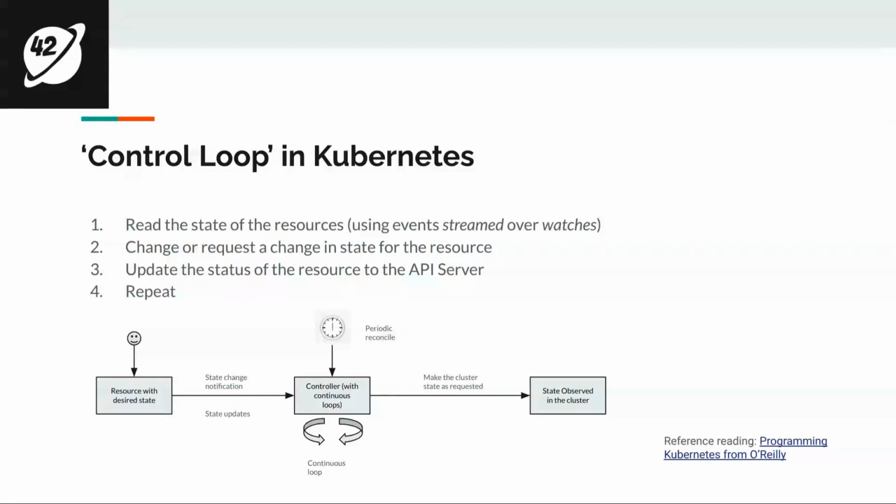what are also called controller objects, right? If you look at deployment, stateful set, job, cron jobs, all these are controller objects which offer you a higher level abstraction, so that you don't have to deal with the low level mechanics of Kubernetes, like what all the resources that should be created when you create a deployment.